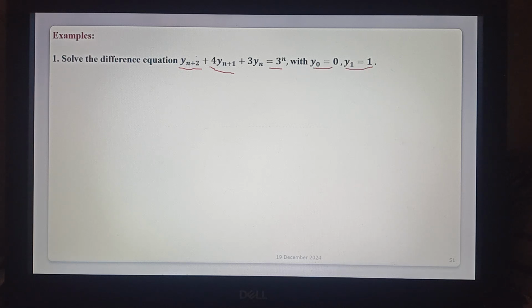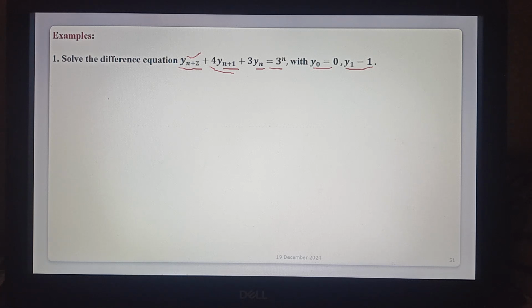This is a difference equation of second order, since the highest term is y(n+2), so k is equal to 2. It is given with two initial conditions, the boundary conditions y(0) = 0 and y(1) = 1. For second order, two conditions are compulsory.